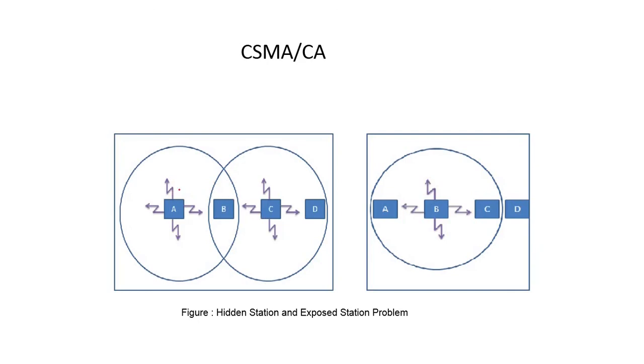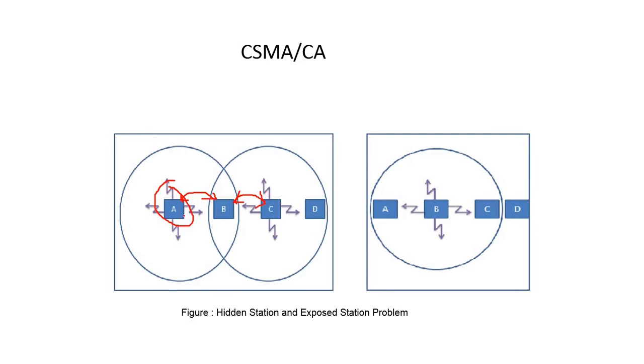Whenever A starts its broadcast, A will not be able to know whether anyone else is broadcasting, because A only checks this portion. If no one is transmitting, A will start the transmission. Same thing, whenever C wants to broadcast, C will check this and start the transmission.